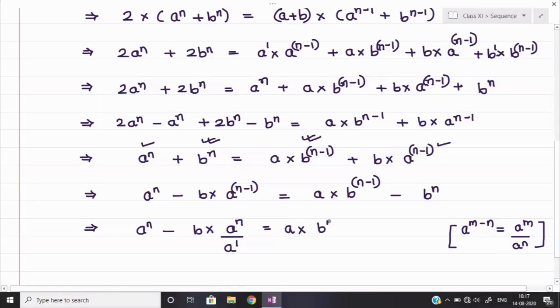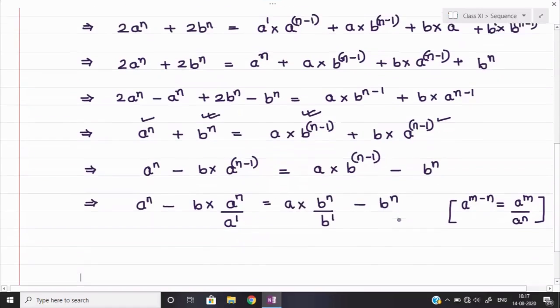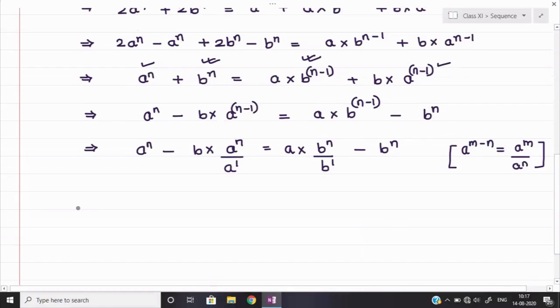So b to the power n upon b to the power 1 minus b to the power n will be as it is. Now in the left hand side you observe I can take common a to the power n. If I take a to the power n common, what remains is 1 minus b upon a, because in the numerator it will remain b and in the denominator it will remain a.